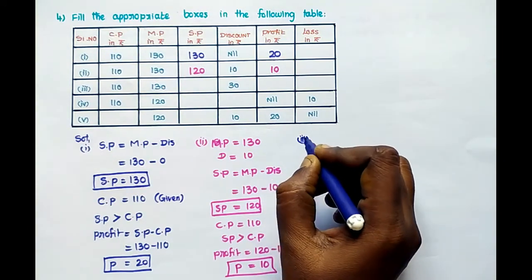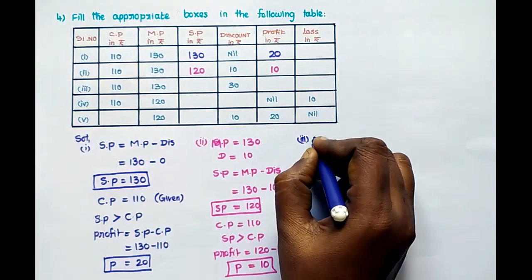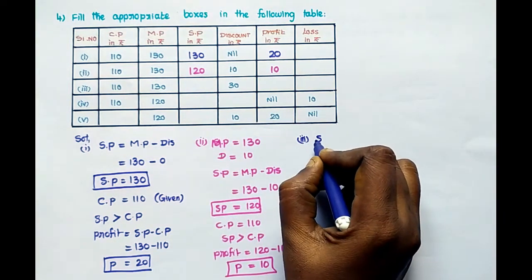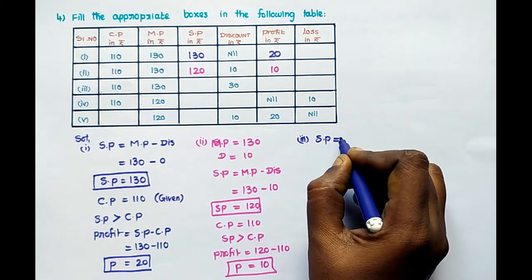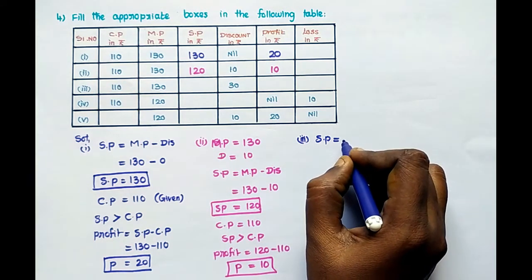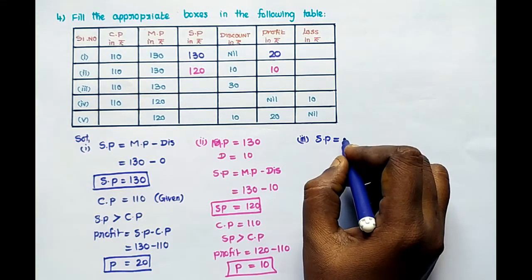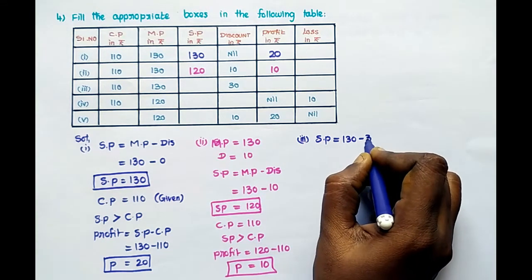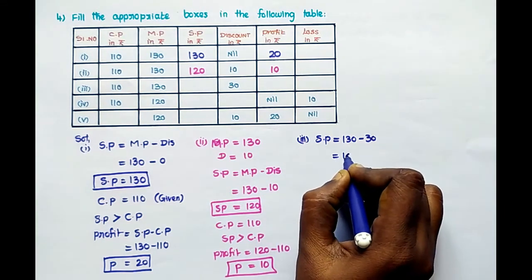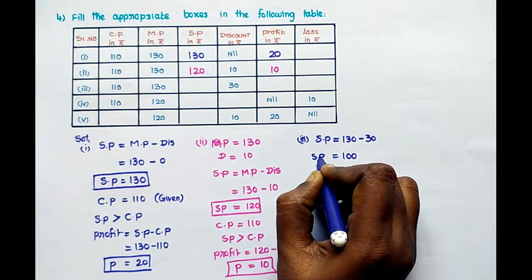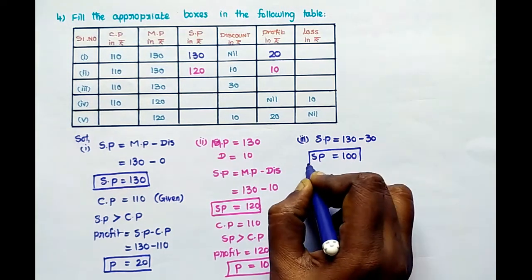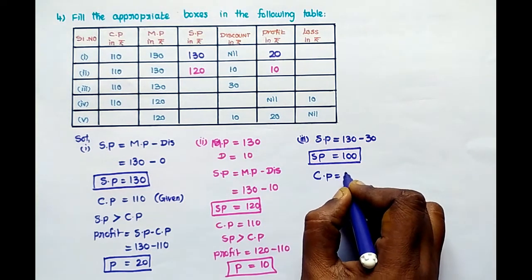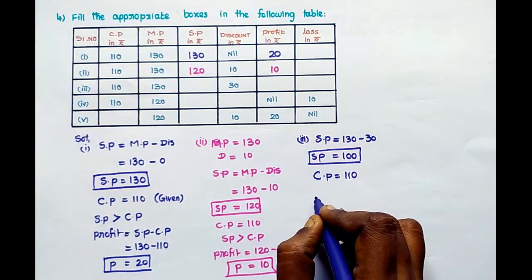they have given mark price, that is 130, discount 30 rupees. So selling price equals mark price minus discount, that is 130 minus 30, we get 100 rupees, that is selling price. They have given cost price, that is equal to 110.